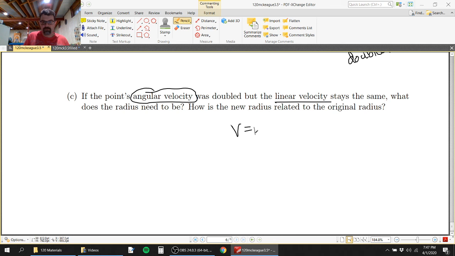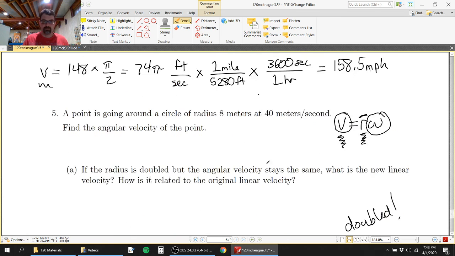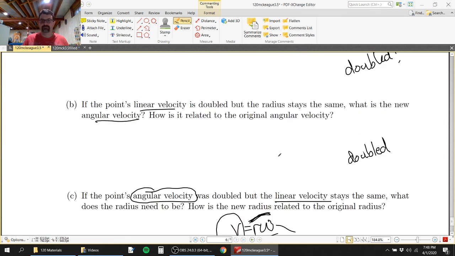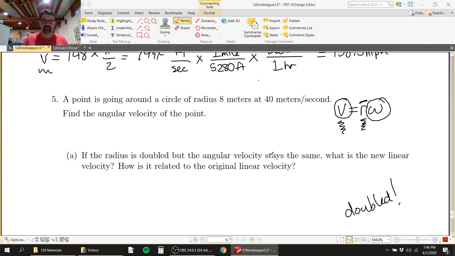Well, with V equals R omega, if this guy gets twice as big, but you want this to stay the same, when you're multiplying these two, if this one doubles, this one's got to cut in half in order for their product to stay the same. And you could see that with the actual numbers as well. If you take the recommended values here and actually put them in and do the computations, you can see that in the notes.